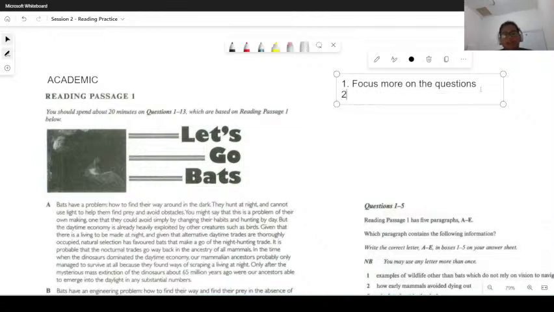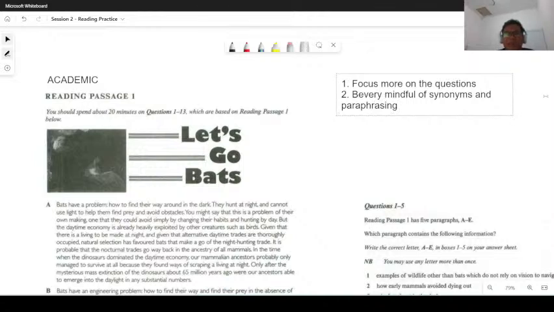Number two, be very mindful of synonyms and paraphrasing, because, as I've mentioned in the previous session, it's something that IELTS really likes to do.